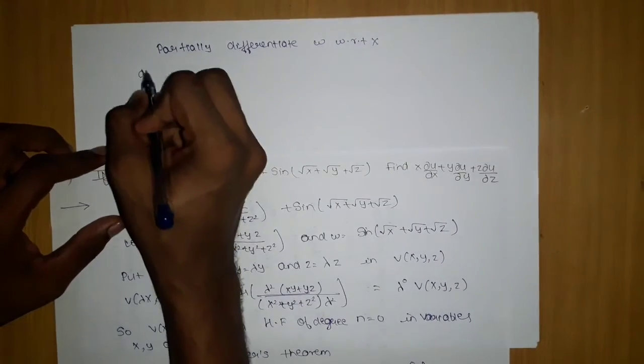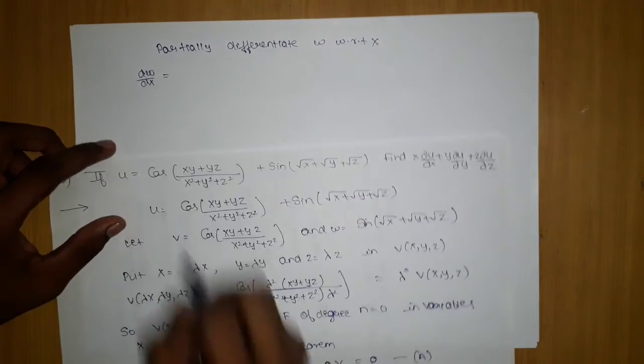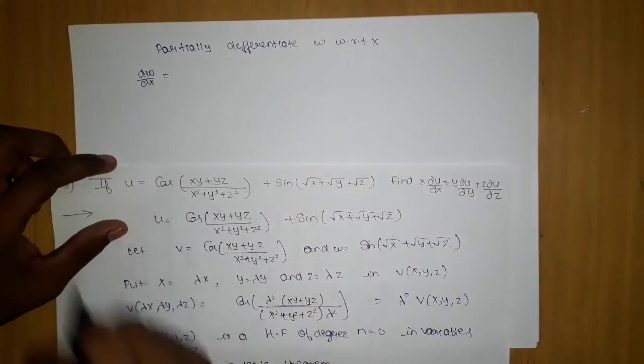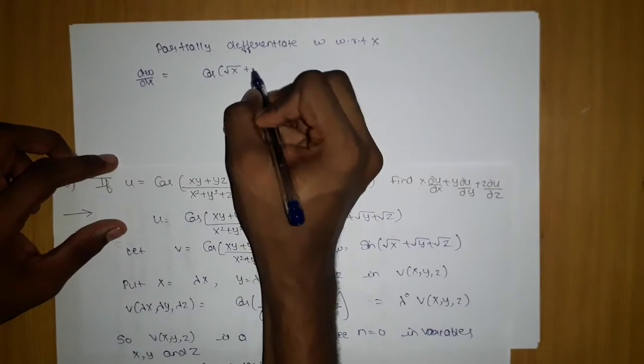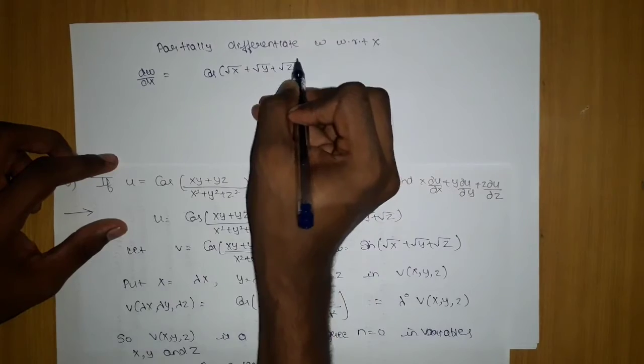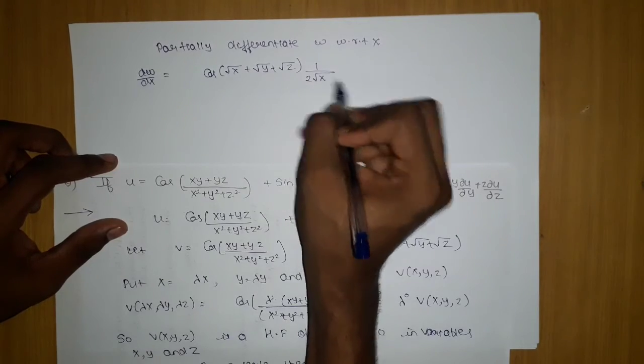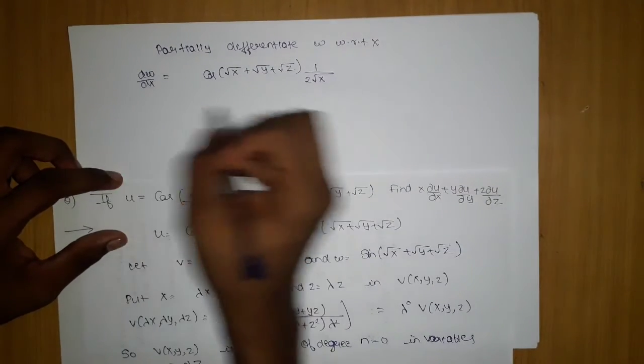x. So ∂w/∂x is nothing but what you are going to get. This is sine, so it will become cos(√x + √y + √z), the whole upon 2√x, multiplied throughout by x.